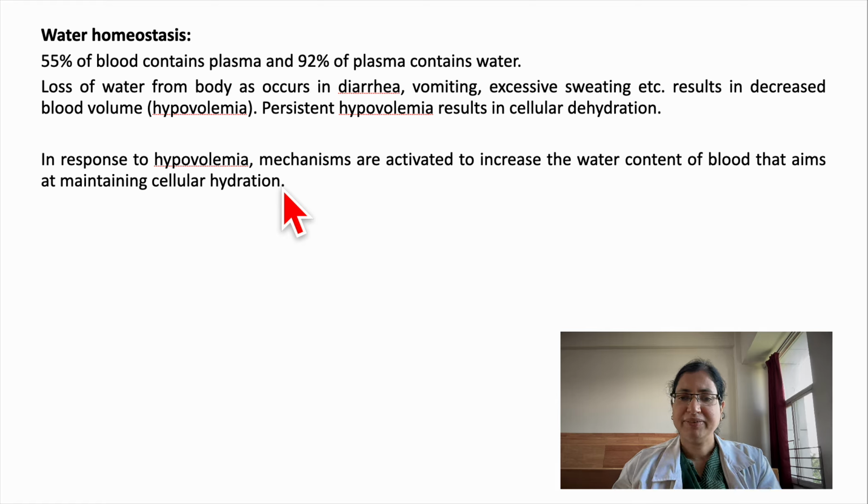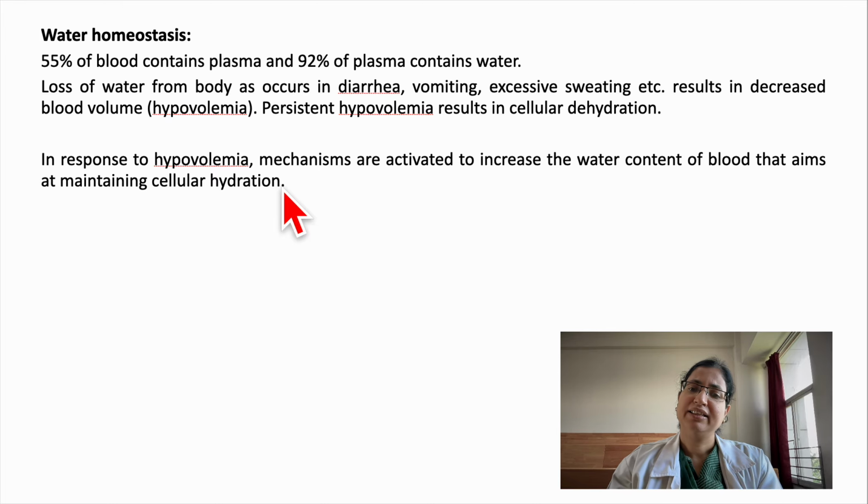So here, whenever there is excessive sweating or excessive vomiting or diarrhea, there will be loss of water from the body. This will lead to hypovolemia. And this hypovolemia, or decrease in the volume of blood, decrease in the volume of water, may severely affect our body.